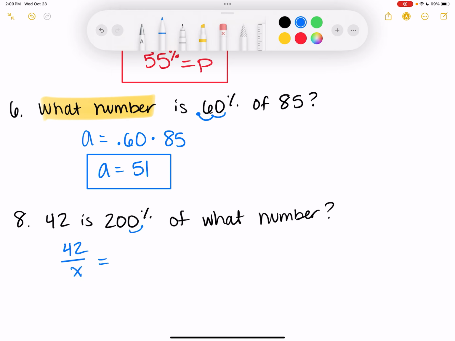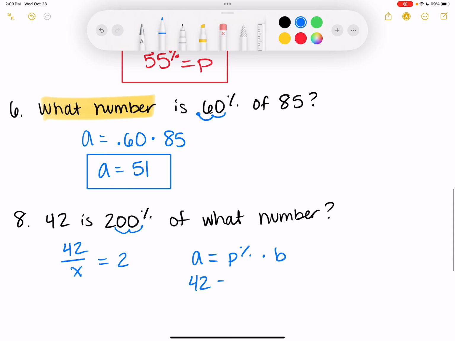I take this decimal and I move it 1, 2. So this is actually equal to 2. So then I would have to multiply by x, divide by 2. Or the other way you can set this up is the percent equation, which is A equals the P percent times B. I can replace A with 42 and the percent as 2 because I've converted it to a decimal.